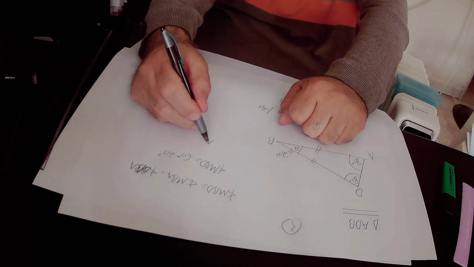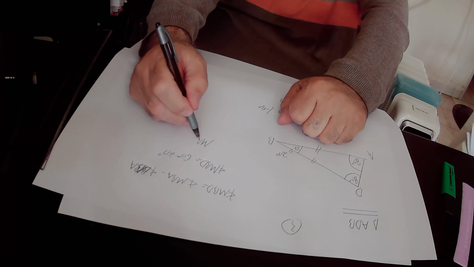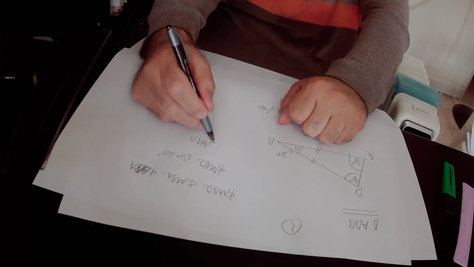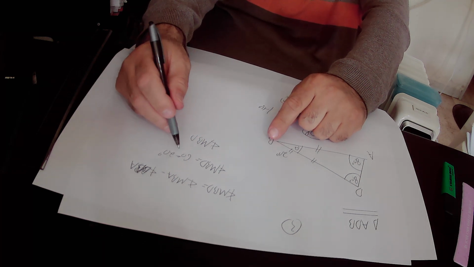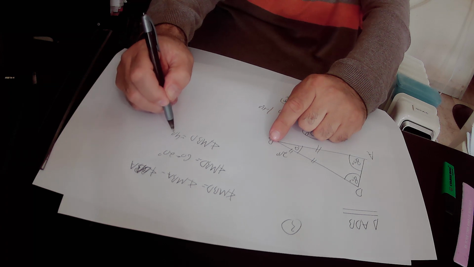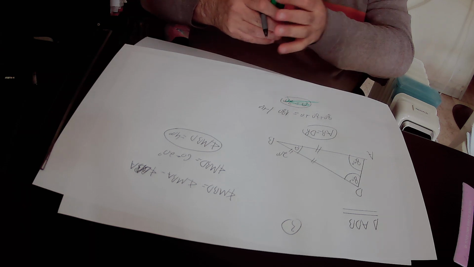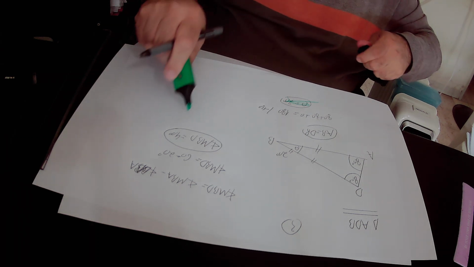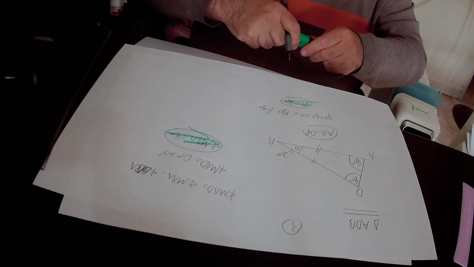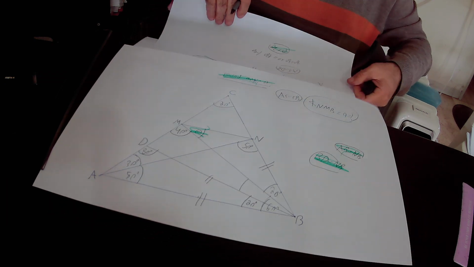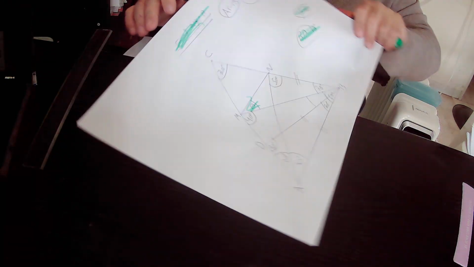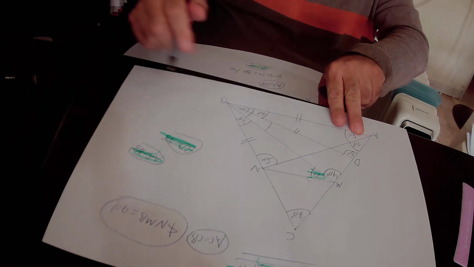So the missing angle MBD must be equal to 60 degrees minus 20 degrees, that is 40 degrees. So we found out that the missing angle MBD equals 40 degrees in its size.